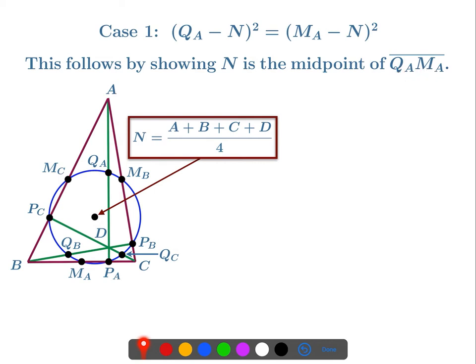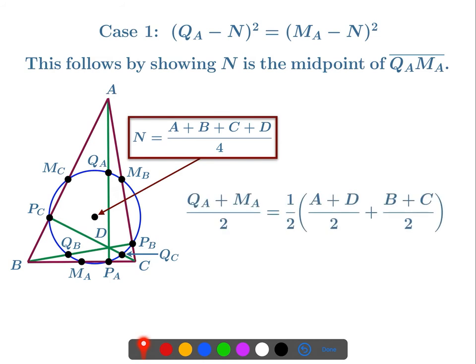So all we do to check what the midpoint is here, we take the average of the two coordinates, (Q sub A plus M sub A)/2, that average of those two vectors. This should be equal to 1/2 times... Q sub A is defined to be (A plus D)/2. It's the midpoint of AD. That's where Q sub A came from.